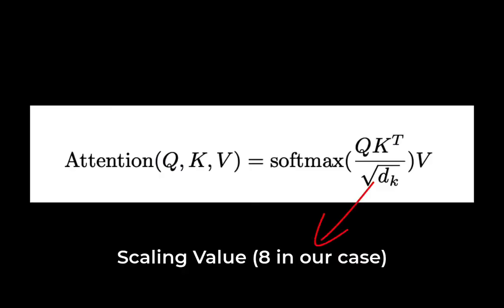Scaling simply means dividing every value in our self-attention tensor by a constant value, and the value that is used in the main paper is the square root of the key vector dimension size for one head. And since our key is 64 dimensions for one head, we would typically divide each value by 8 to scale. This will ensure the activation values are neither too large nor too small.